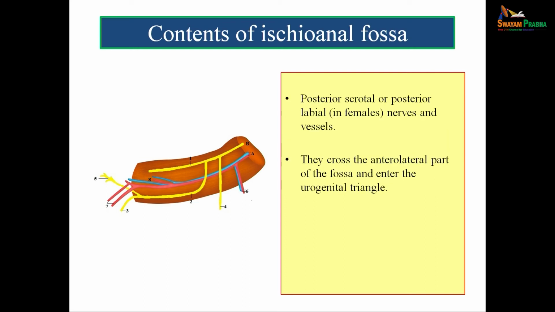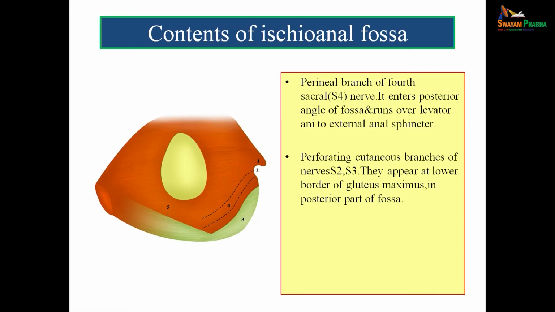Then the fourth content of the ischioanal space is the posterior scrotal or posterior labial nerves and vessels. They cross the anterolateral part of the fossa and enter the urogenital triangle. So another content of the ischioanal fossa is the perineal branch of the fourth sacral nerve. It enters posterior angle of fossa and runs over levator ani to external anal sphincter.